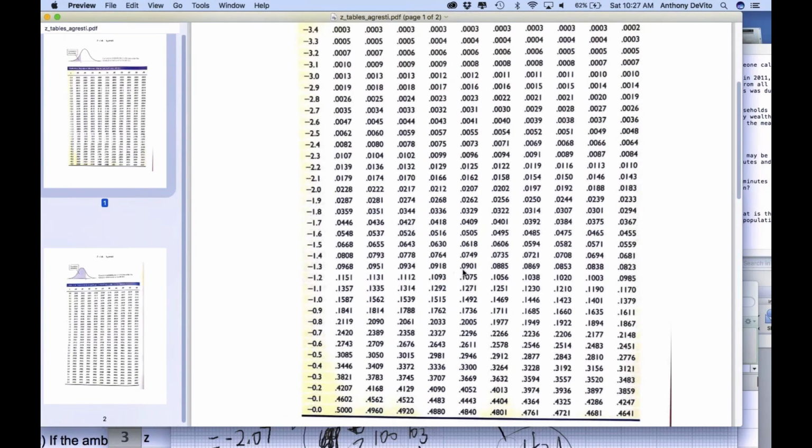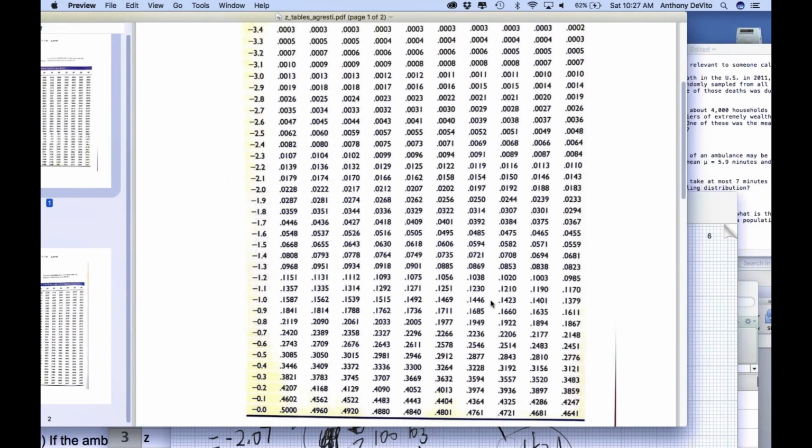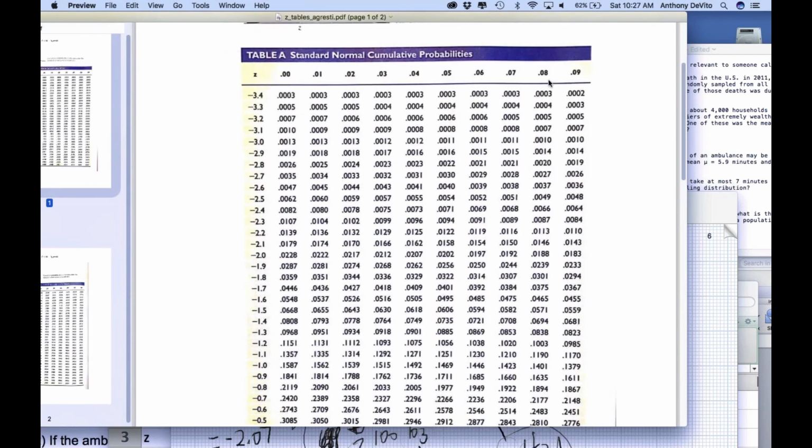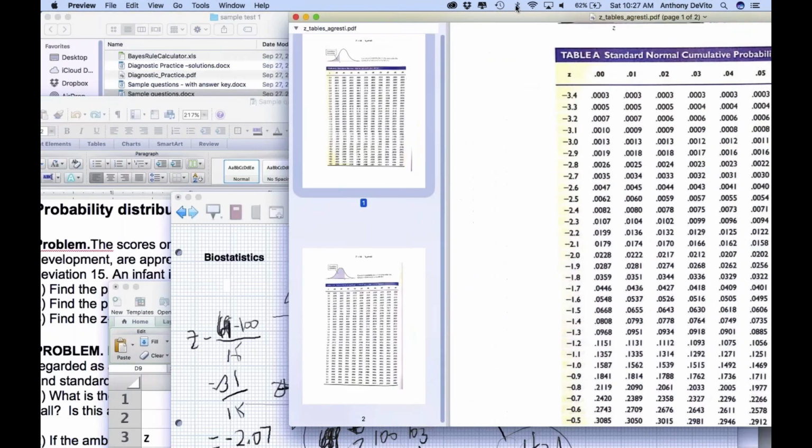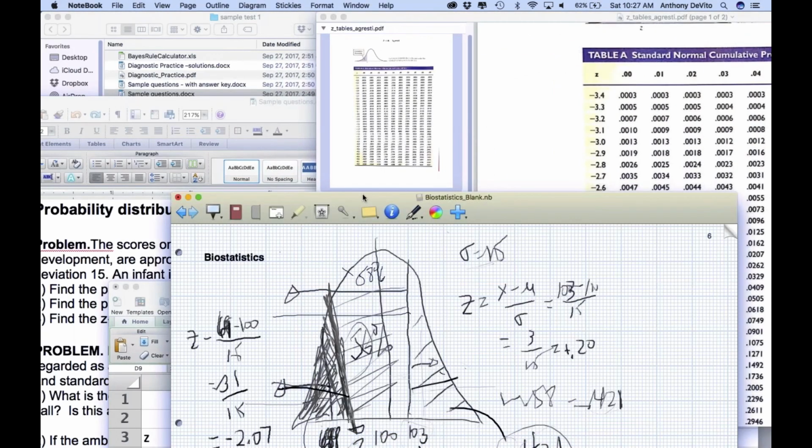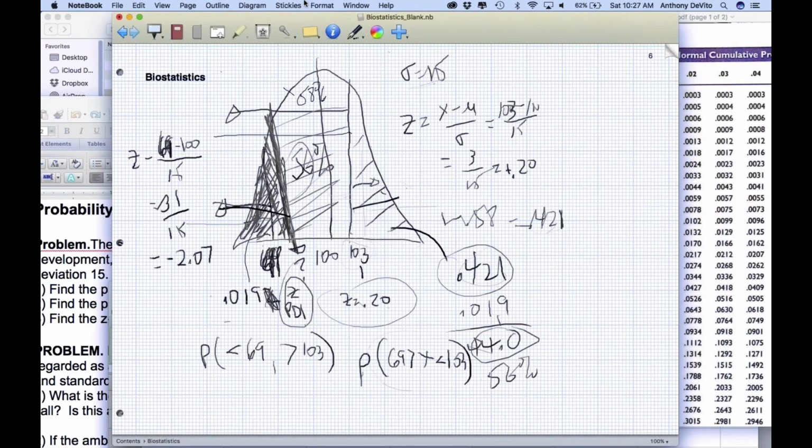Going up here, 0.1. Looks like it's going to be over here somewhere. Here we go, this looks like it's the closest, and that is negative 1.28. So the Z-score, negative 1.28, represents the Z-score for the lowest 10%.